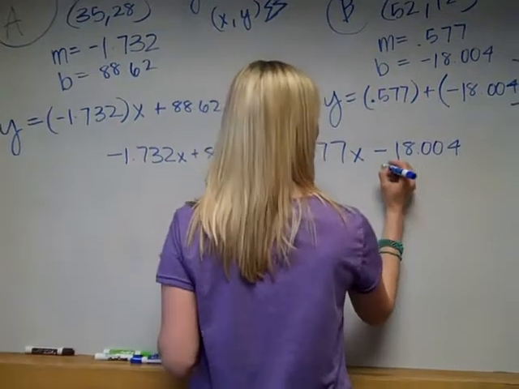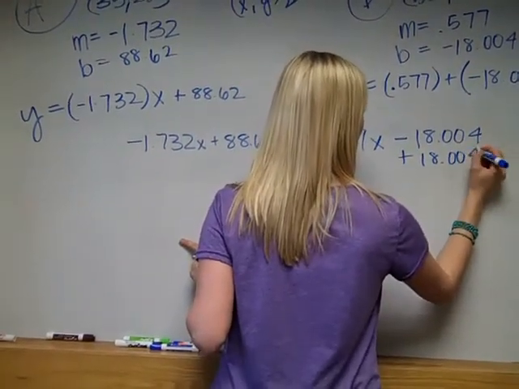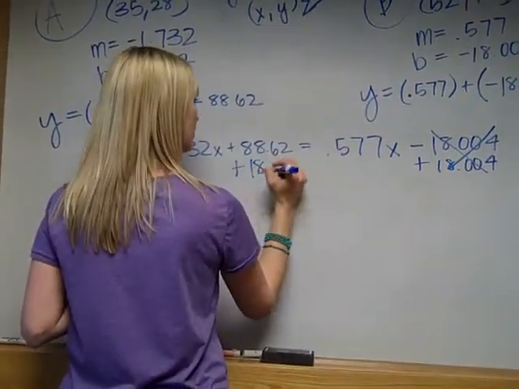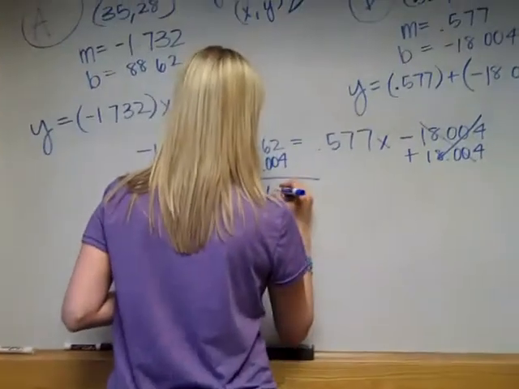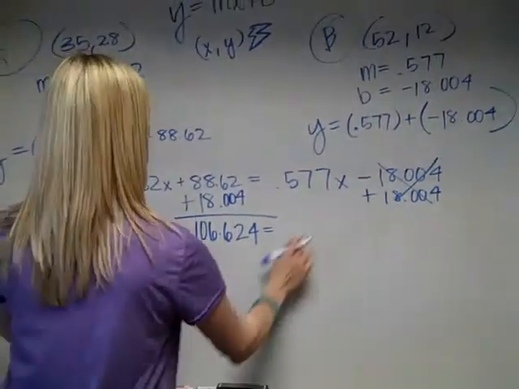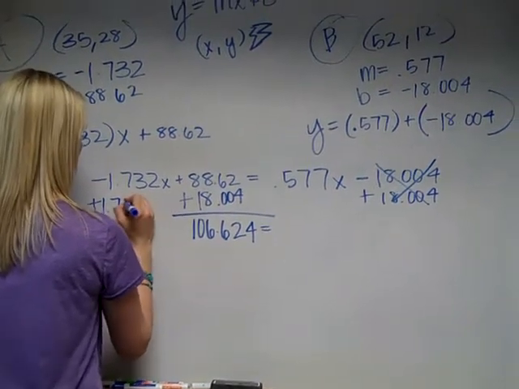The first thing we're going to do is move this number over, which gives 106.624. Then we're going to move this one over too, so we get rid of all the negatives in this equation.